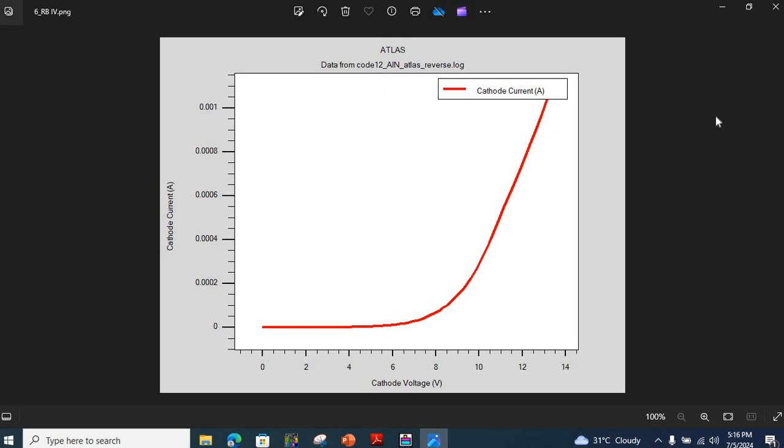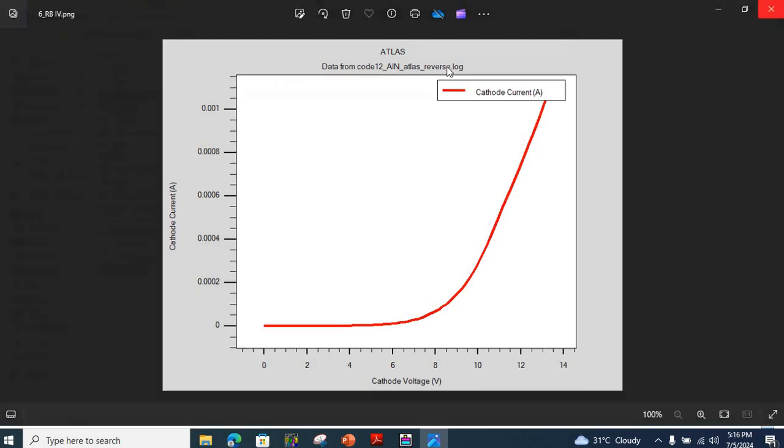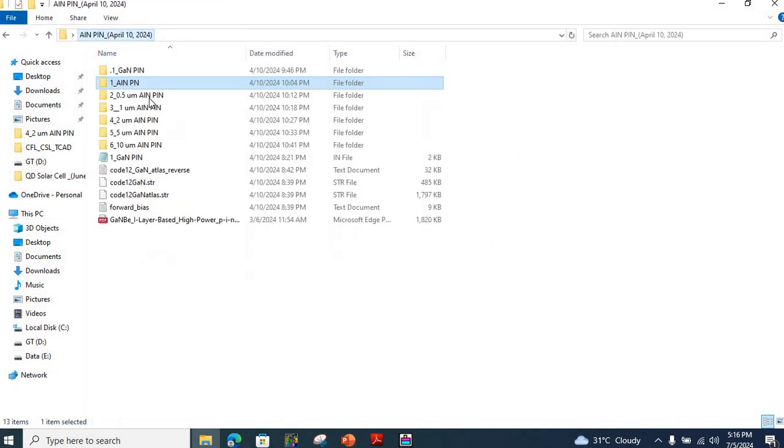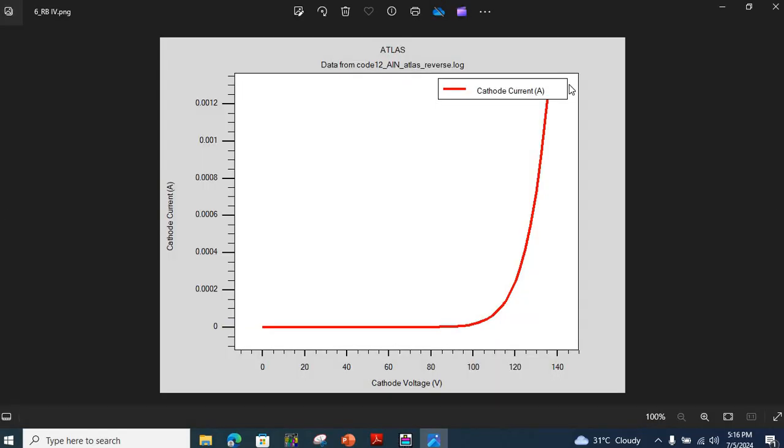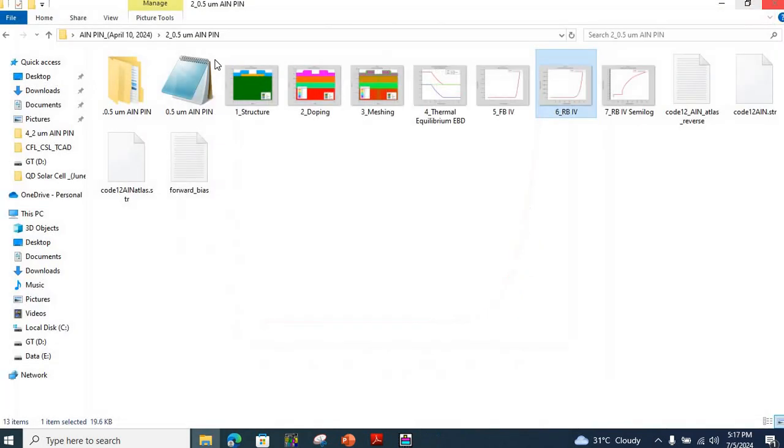The breakdown voltage for this one is approximately 13 volts, pretty low as compared to the PIN diodes. Now let us go to 0.5 micrometer I layer thickness based aluminum nitride PIN diodes. And for this case, the breakdown voltage has increased to approximately 130 volts.